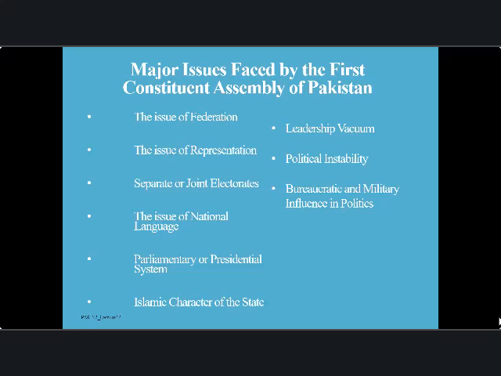So students, now we will discuss the political instability and frequent changes of the government. Political instability was another major reason behind the delay. After the death of Liaquat Ali Khan, Pakistan experienced frequent changes in government. Several prime ministers came to power within a short period, including Khwaja Nazimuddin, Muhammad Ali Bogra, and Chaudhry Muhammad Ali.